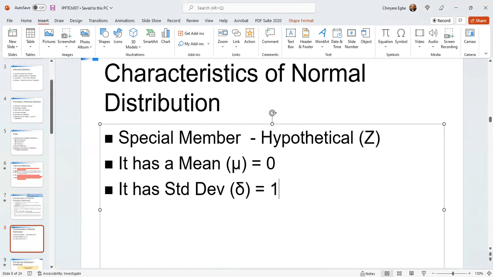So this is a hypothetical value called Z, which has a population mean mu of 0 and a standard deviation equals 1.